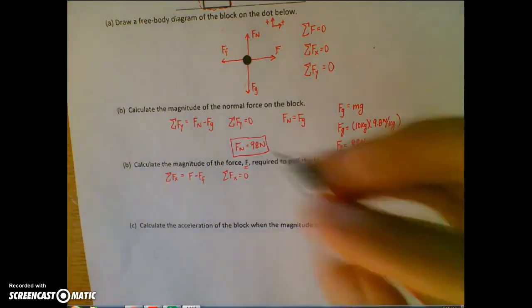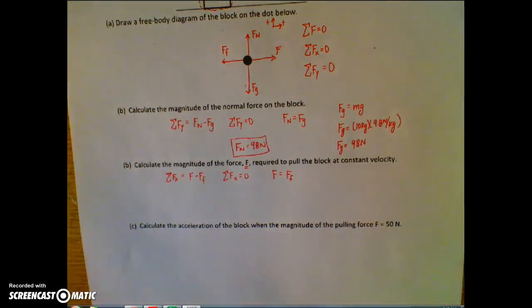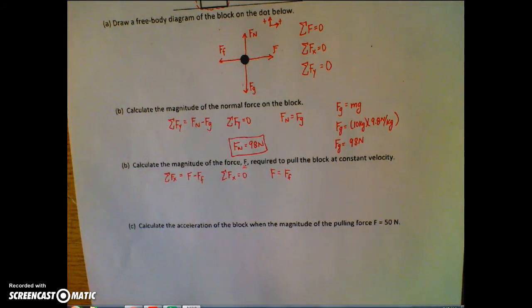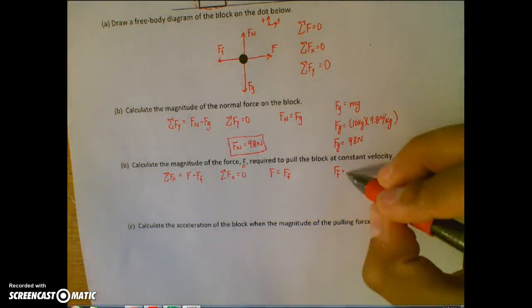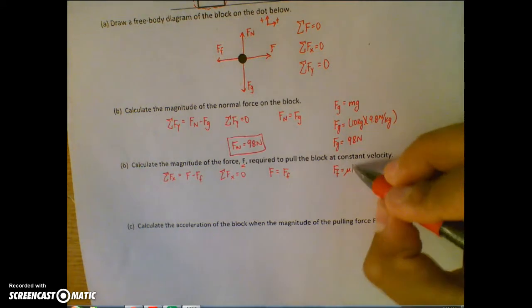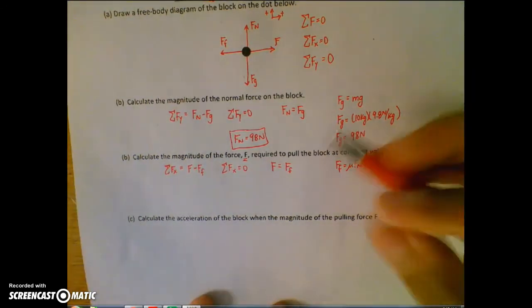So then, with that being the case, we know that our force F has to equal our frictional force in magnitude. Okay, well we again have a way to calculate frictional force, and if we take the coefficient of friction times the normal force, we can obtain our frictional force magnitude.